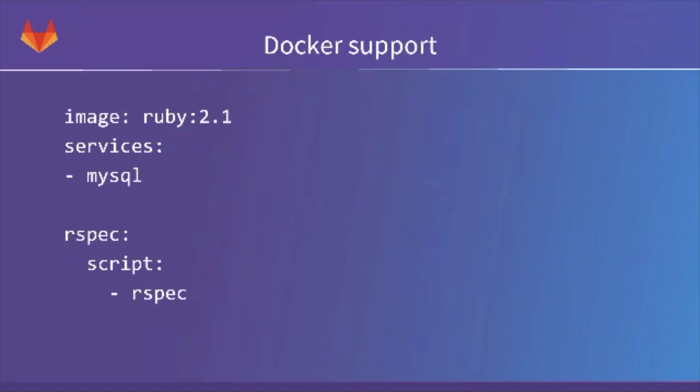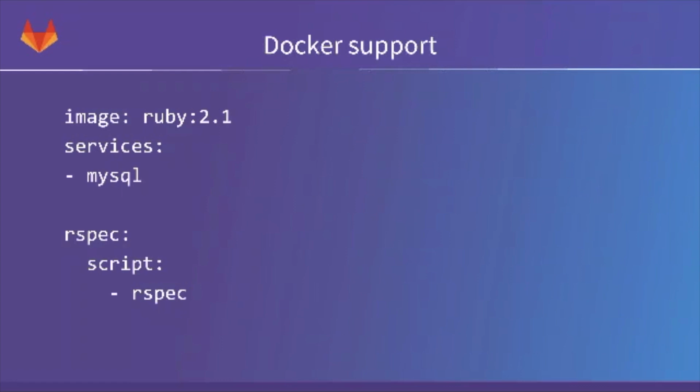In the example above, we define one test that will be run against the Ruby 2.1 image. You can find this image just by searching the Docker Hub. And we also have this services addition. Services are also just Docker Hub images.